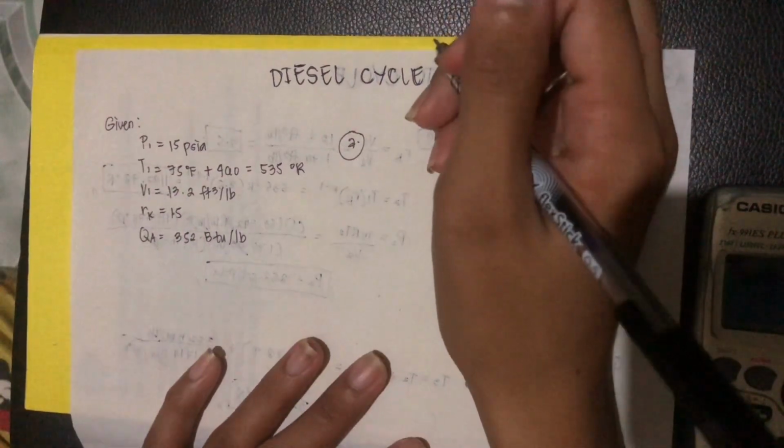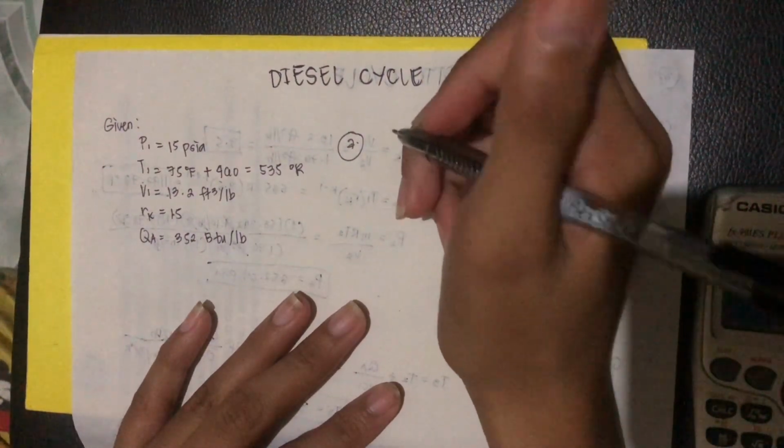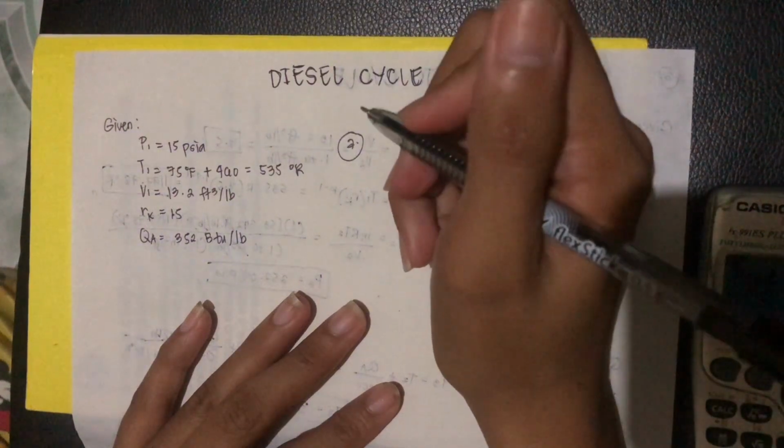So what we are looking for are P2, T2, P3, T3, P4, and T4.